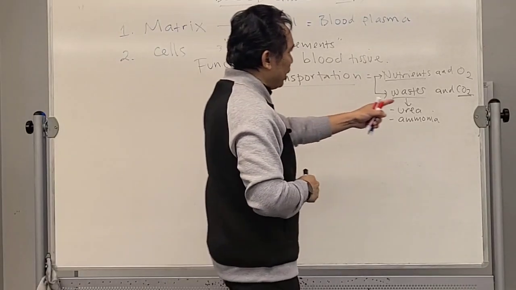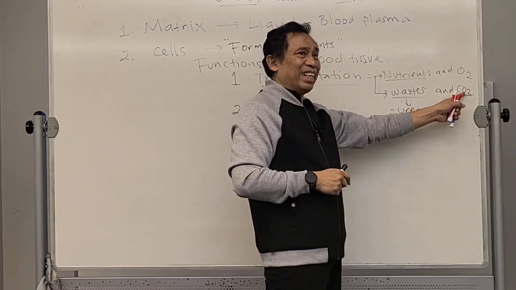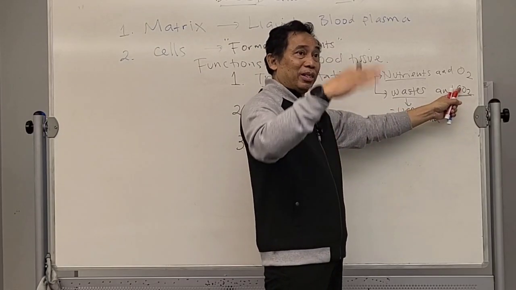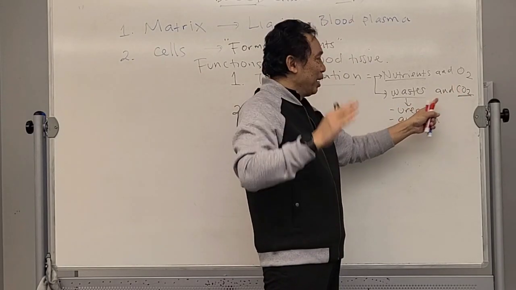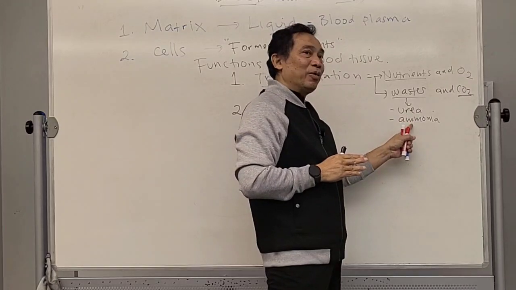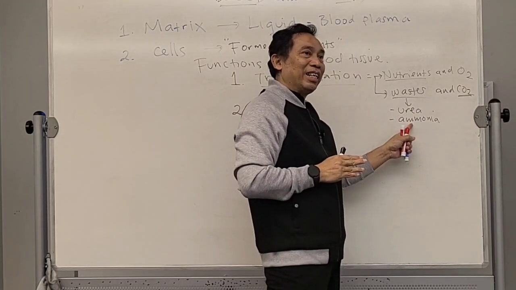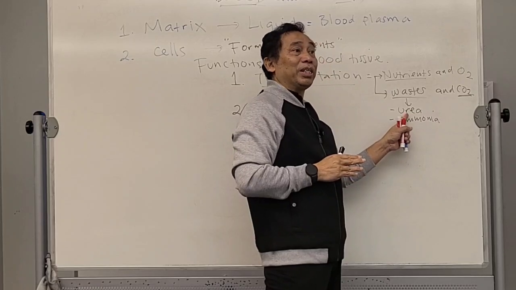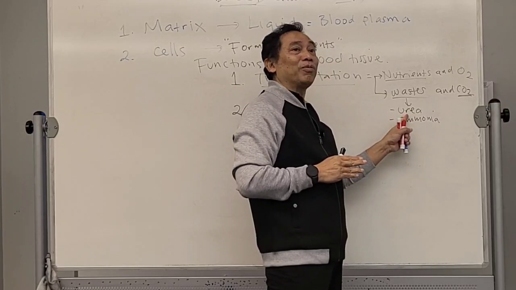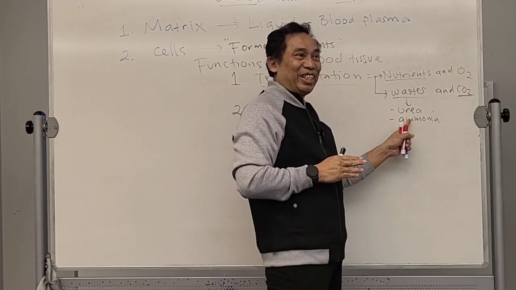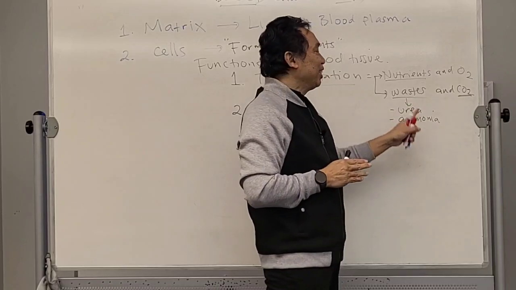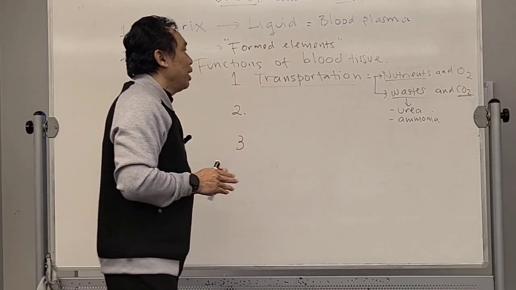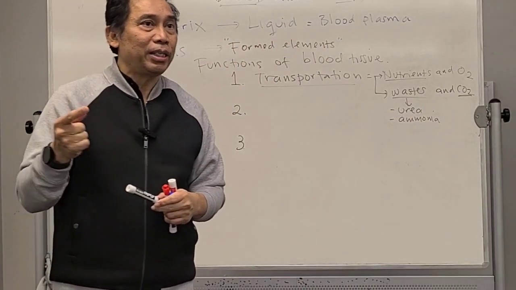Most of the carbon dioxide will be removed through the lungs when you exhale. This urea and ammonia will be mostly excreted through the urine. That's the reason urine has its name, because it has a lot of urea and ammonia. Get it? So that's the first function of the blood tissue.